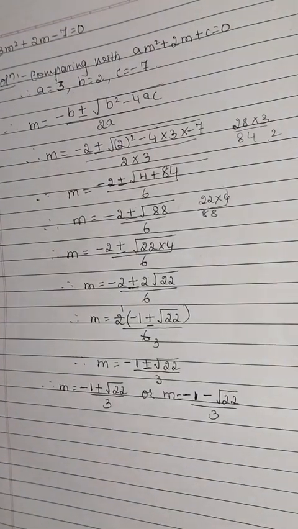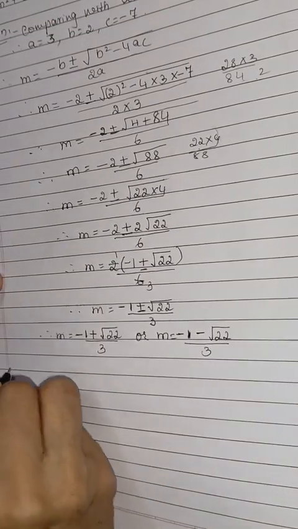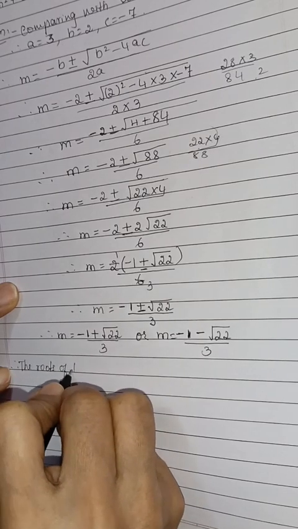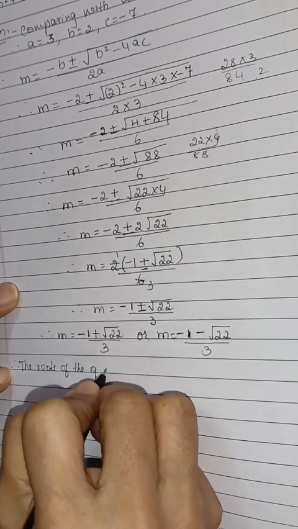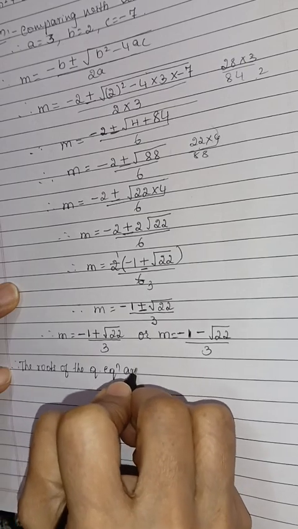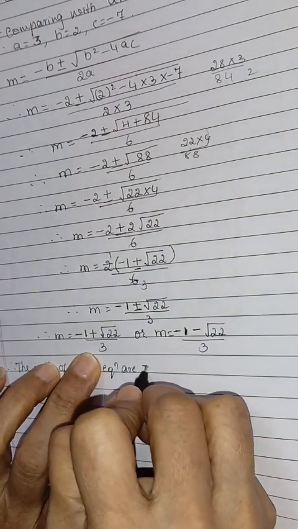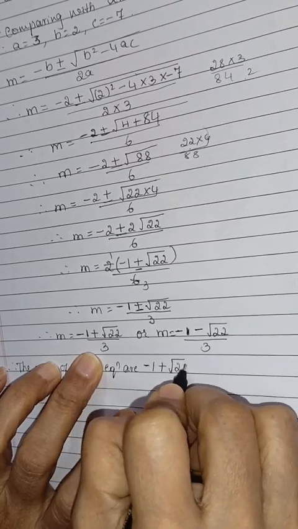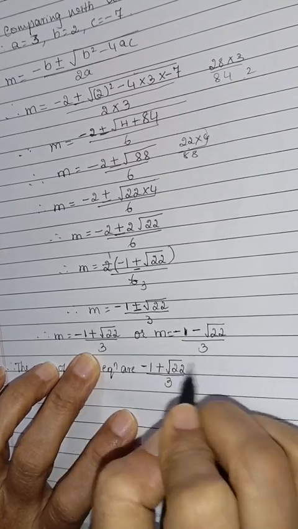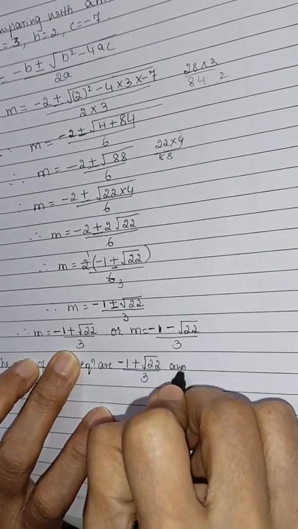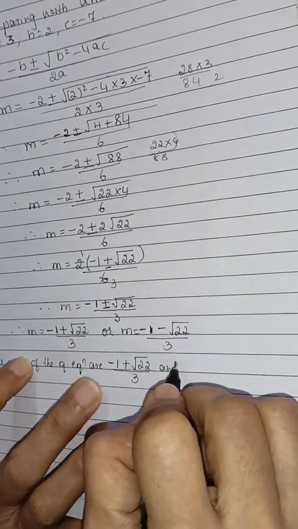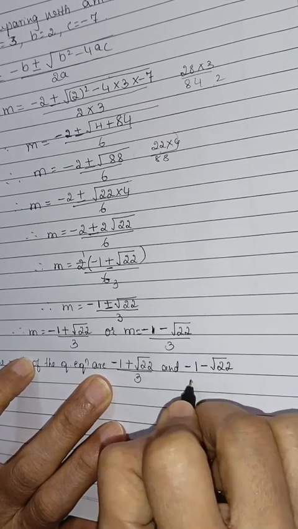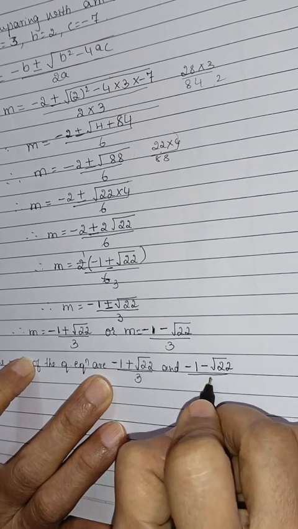Okay, therefore the roots of the quadratic equations are, one is minus 1 plus root 22 by 3, and another one is minus 1 minus root 22 by 3.